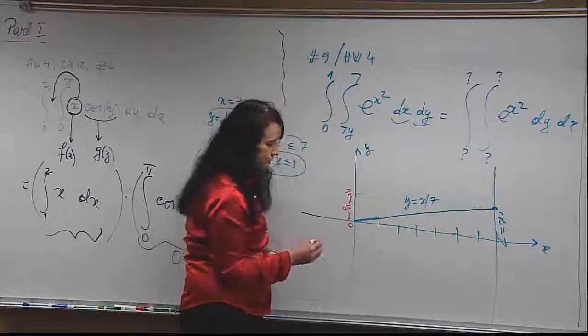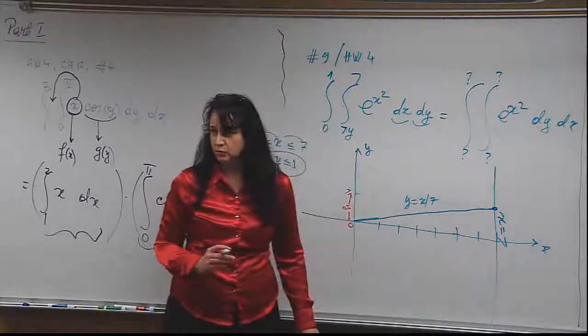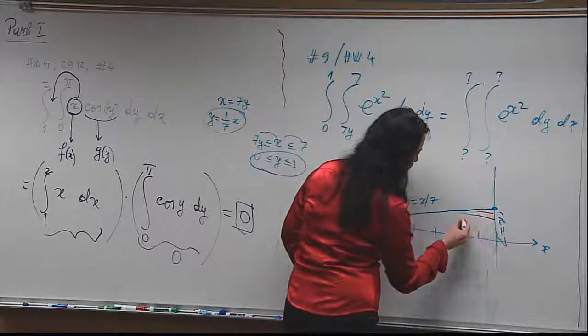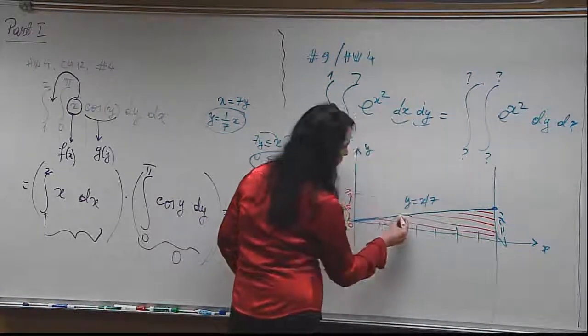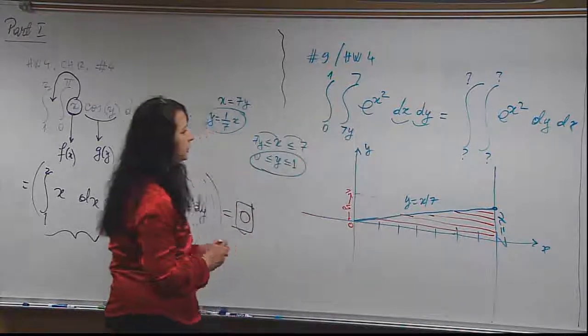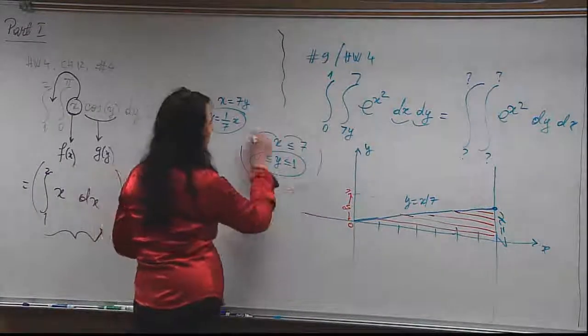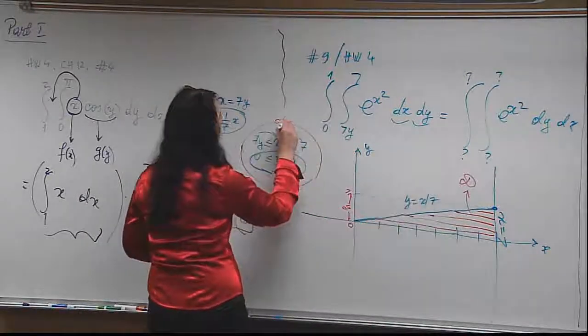I know I'm going very slow, but that's kind of the idea. Do you mind that I'm going so slow? Okay, this is review for the midterm. So for y between 0 and 1, I'm drawing the horizontal strips, and this is exactly what you guys have. This is the red domain, let's call it D. It's the same domain, but with horizontal strips.